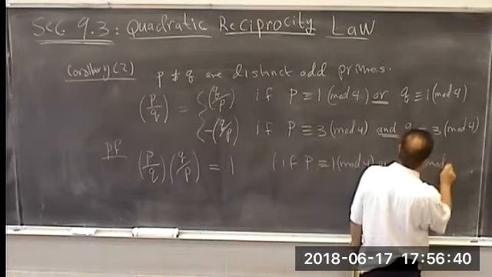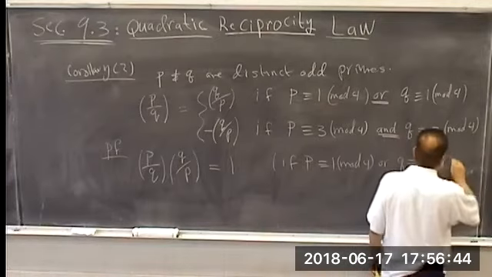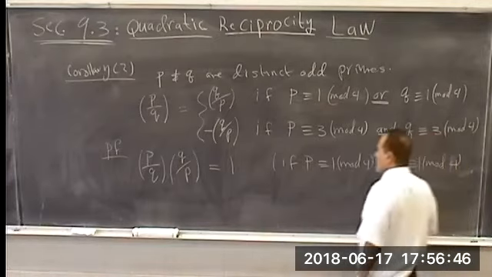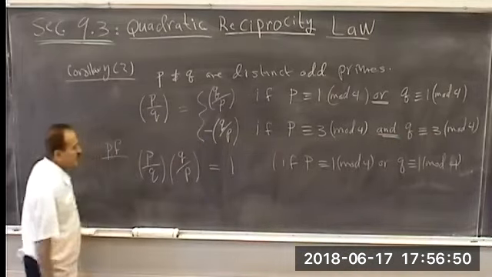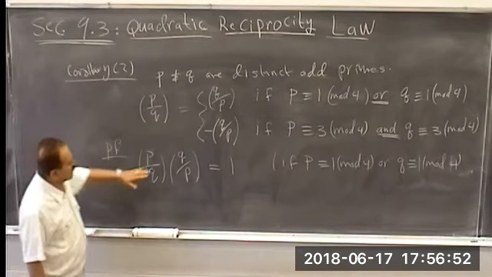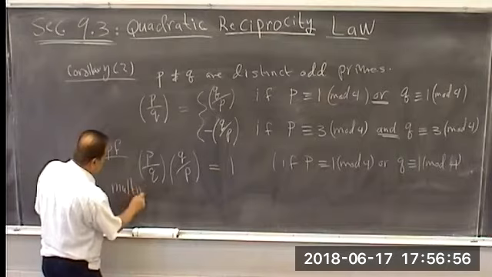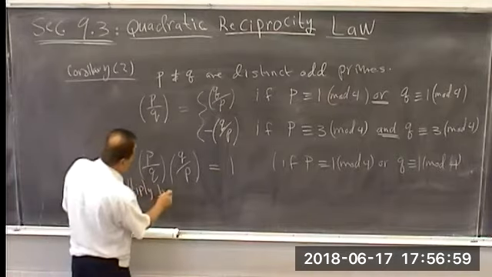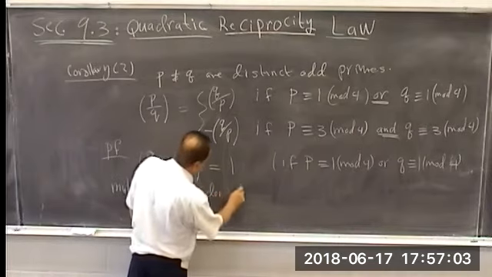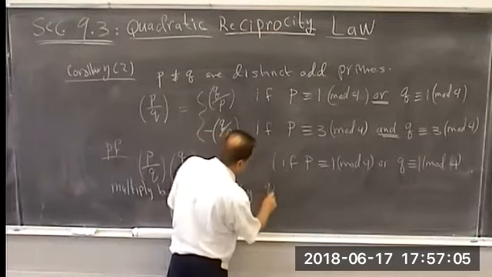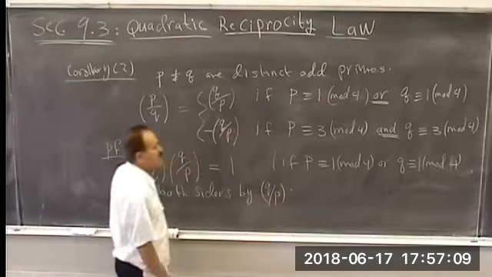This is from the previous corollary. So under this assumption, I'm going to multiply both sides by (Q over P). Remember, (Q over P) is equal to 1 or -1, so we multiply by a number.